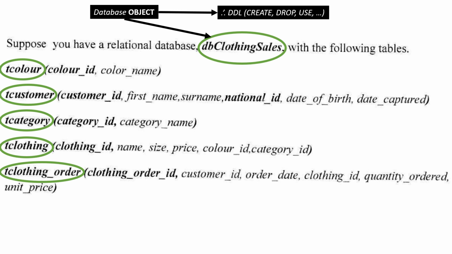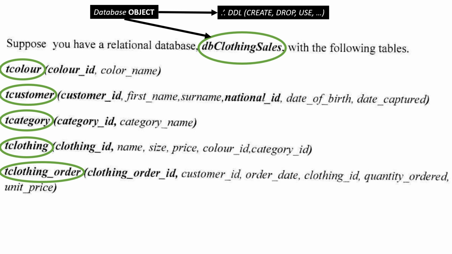Entity integrity is just there to make sure that all our records can be uniquely identified. It's making sure that we can uniquely identify all instances of each entity.